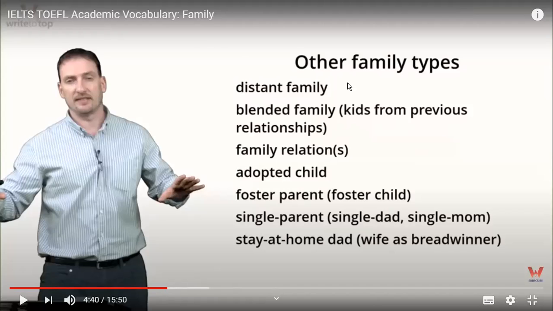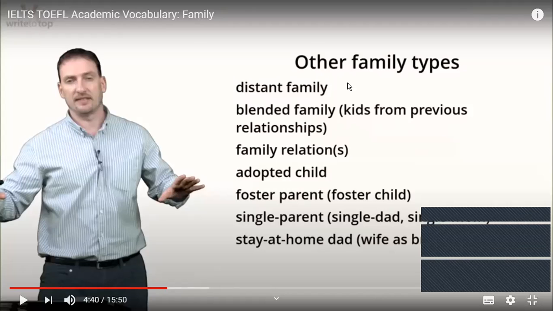And the blended family: kids from previous relationships. Blended family is a family where, for example, you take one man who has two children, and another woman who also has two children.